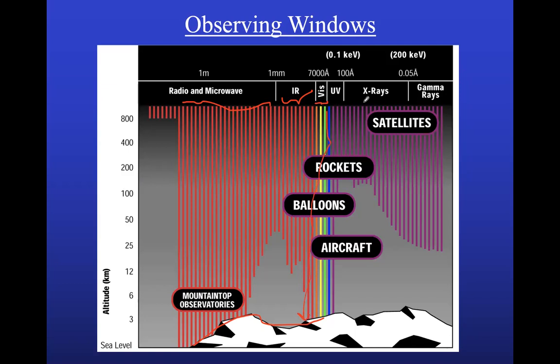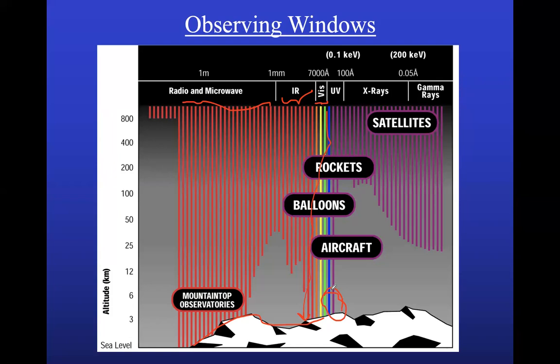And then the ultraviolet, X-ray and gamma rays, those rays don't even come into the Earth. There is a small region just after the visible light where you may get some information from the ultraviolet region. Other than that, the ultraviolet is also something that you have to observe from space.